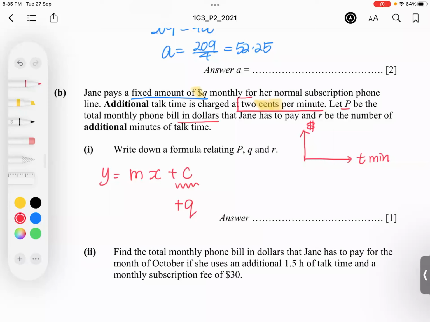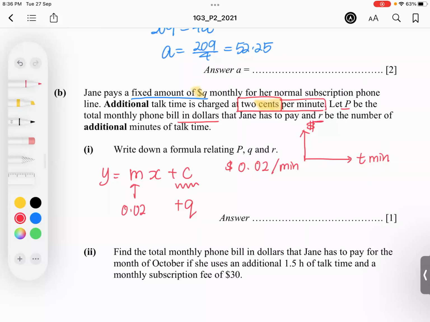So this 2 cents per minute, I need to change to $0.02. And this rate per minute is actually my gradient.